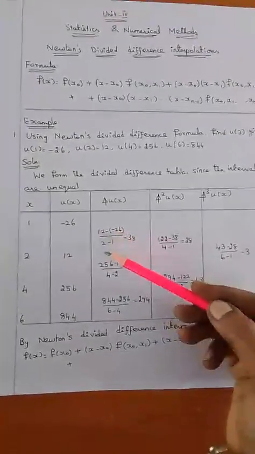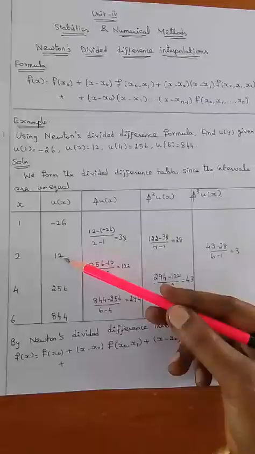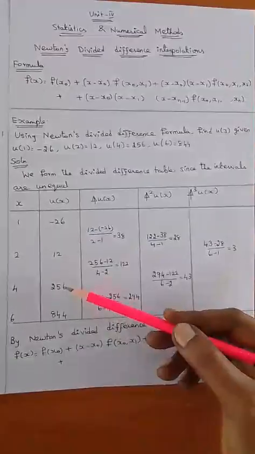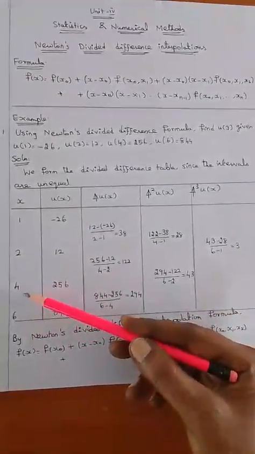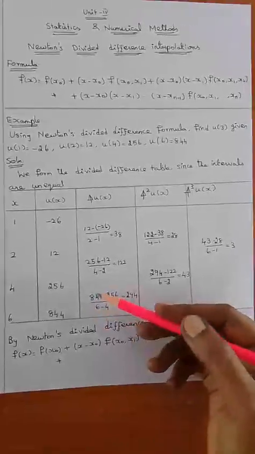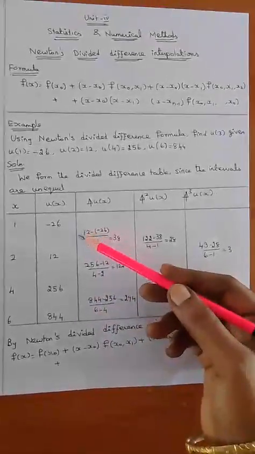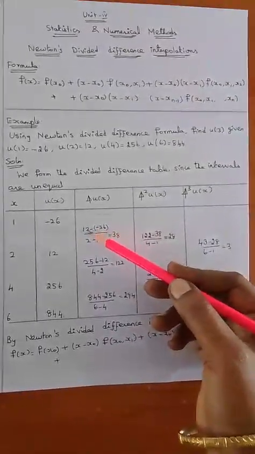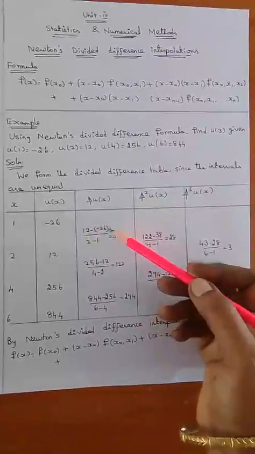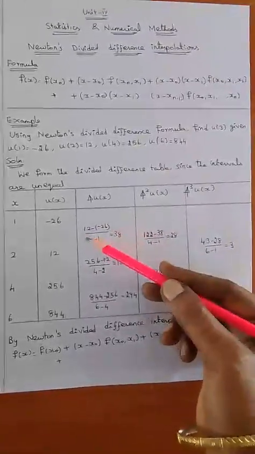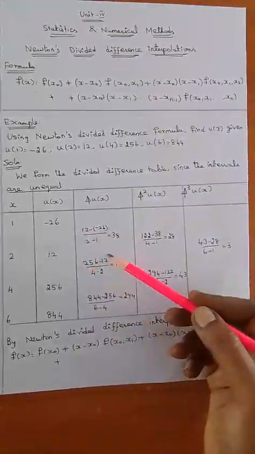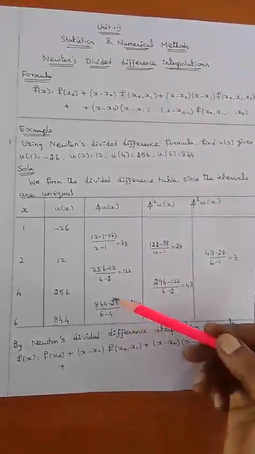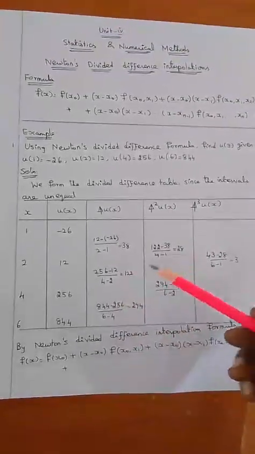Then 256 minus 12 divided by 4 minus 2, and then 844 minus 256 divided by 6 minus 4. If you want the answer in one step on the calculator, use brackets: 12 plus 26, close the bracket, and then divided by 2 minus 1. Use separate brackets for the numerator and the denominator. When you use the scientific calculator, use it carefully, then you will get the correct answers.